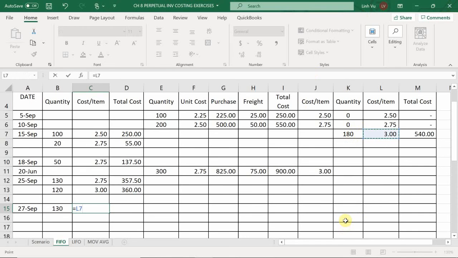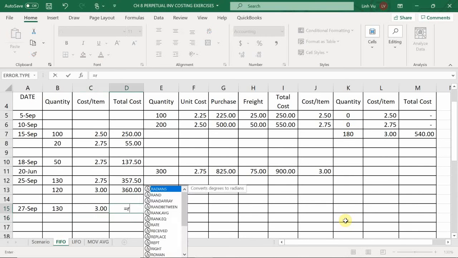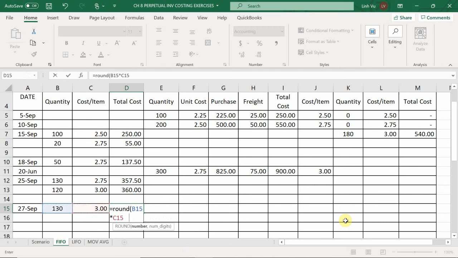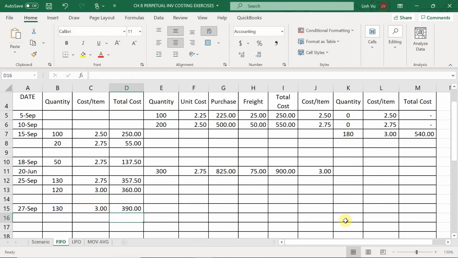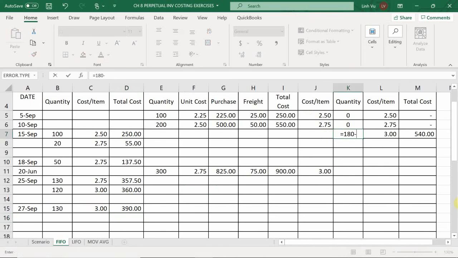So take 130 at $3 each, which gives us a total of $390. Good. Then we take our 180 minus 130.